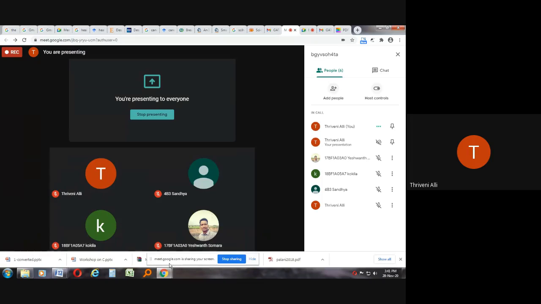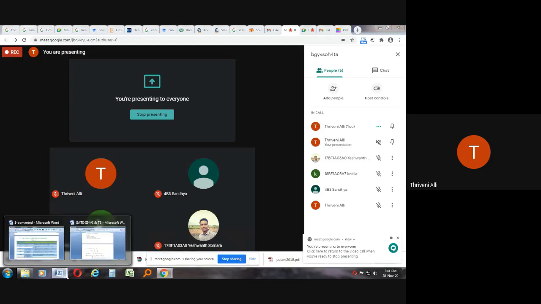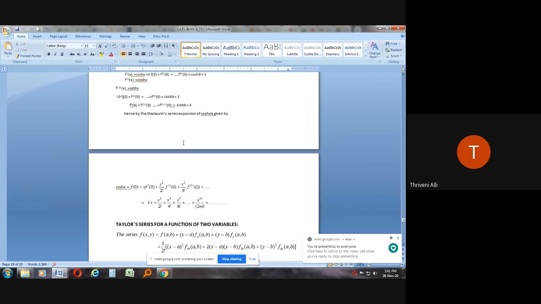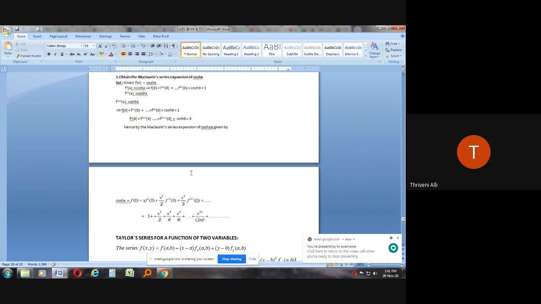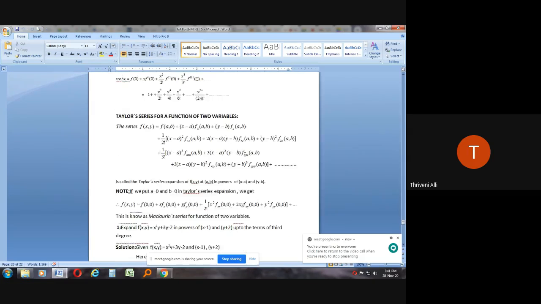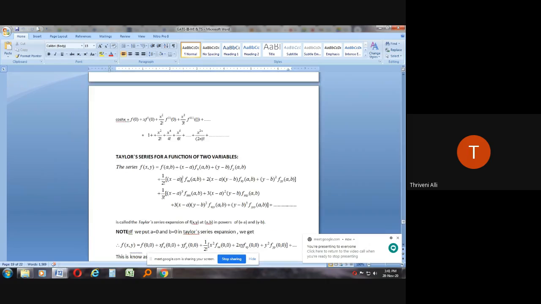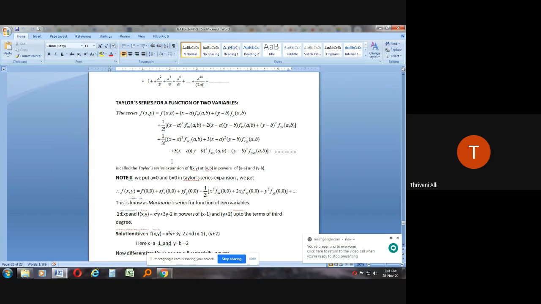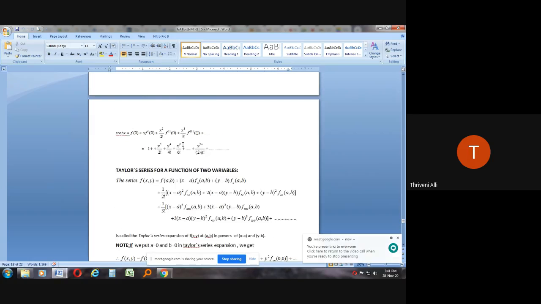So these are all about evaluation of double integral and triple integral and Taylor series for a function of a single variable and a function of two variables. So you have to remember this series. About x equal to a means a Taylor series, and about a equal to 0 means it is the Maclaurin series in a single variable.